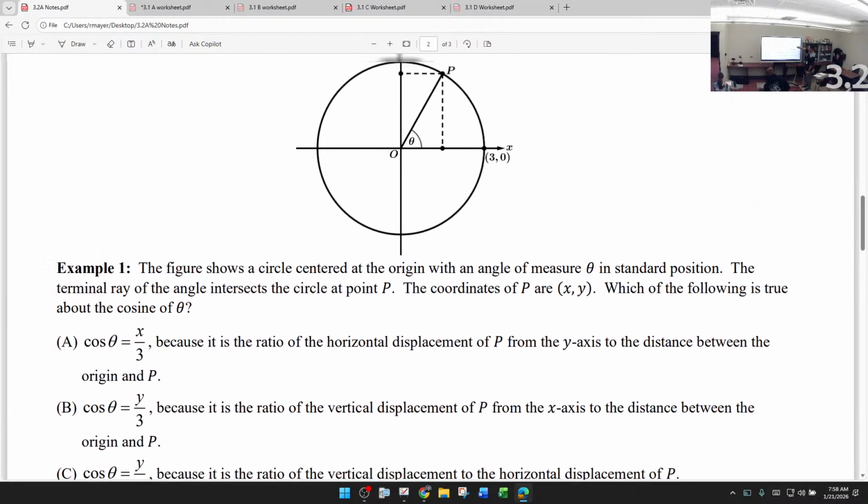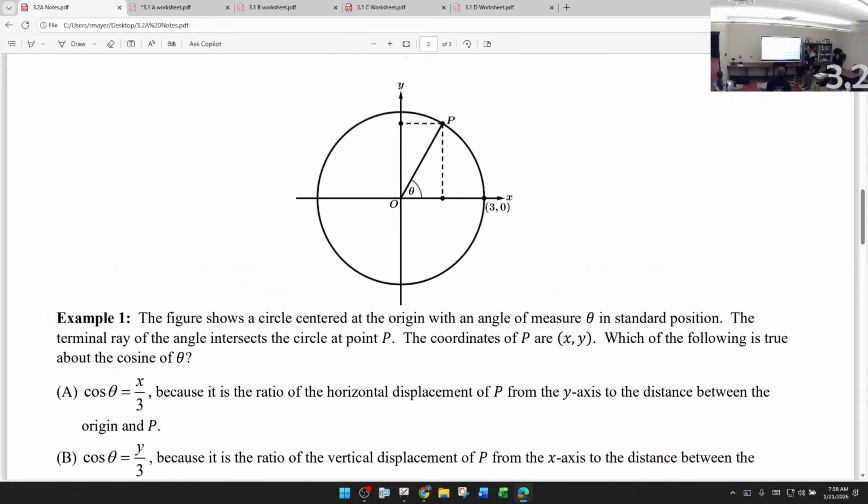Example number one. Again, I don't like that they drew this. I guess they did it so you can actually see the dots.